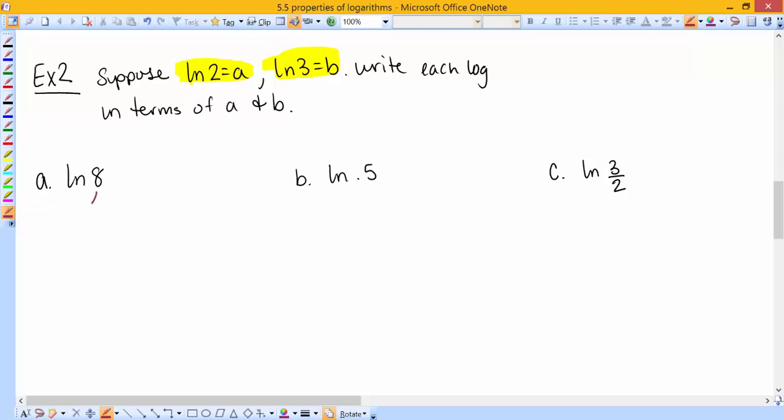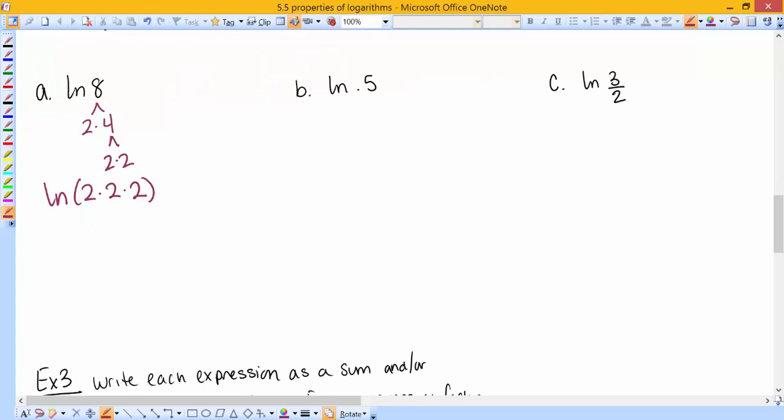So I have to think about how can I rewrite 8? Well, 8 is 2 times 4, and then 4 is 2 times 2. And that works out great because I know the natural log of 2 is A. So this is the natural log of 2 times 2 times 2. Well, what does multiplication become?